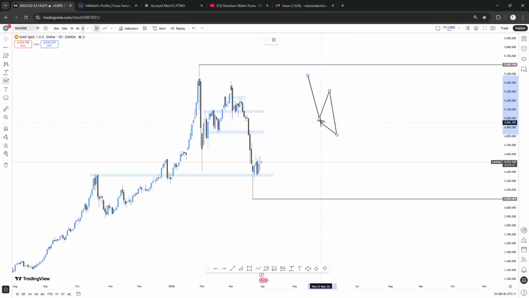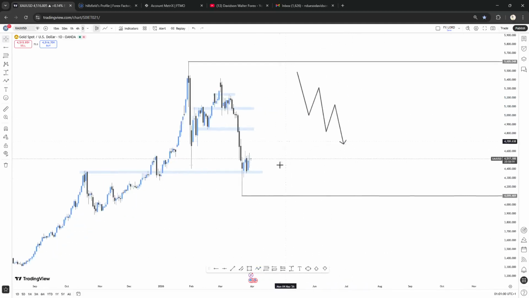Because this low is lower than the previous low, and we have a lower high. What should we be expecting? We should be expecting another drop. All right. And if you are looking to buy, where are you looking to buy? Sorry, you are looking to sell rather. Forgive me. You are looking to sell this market at this level.